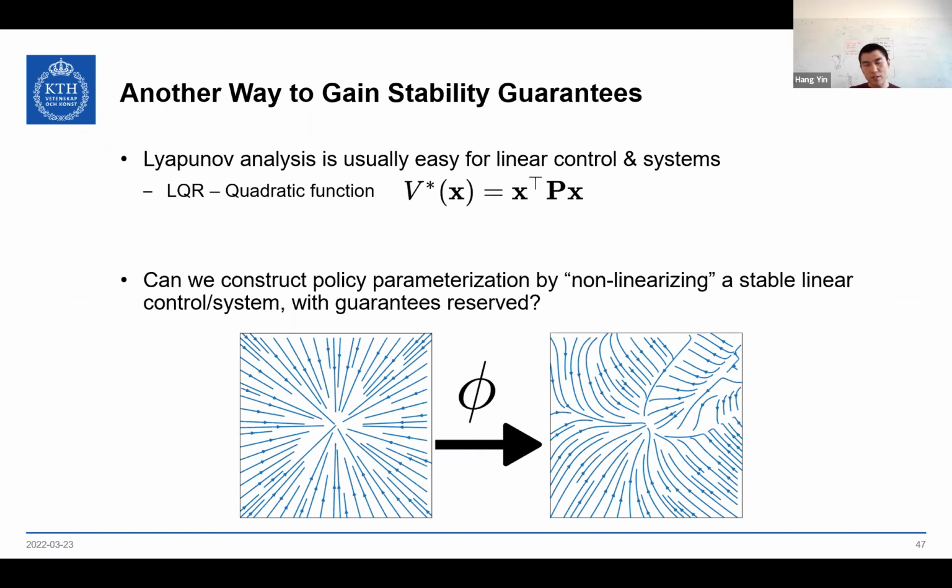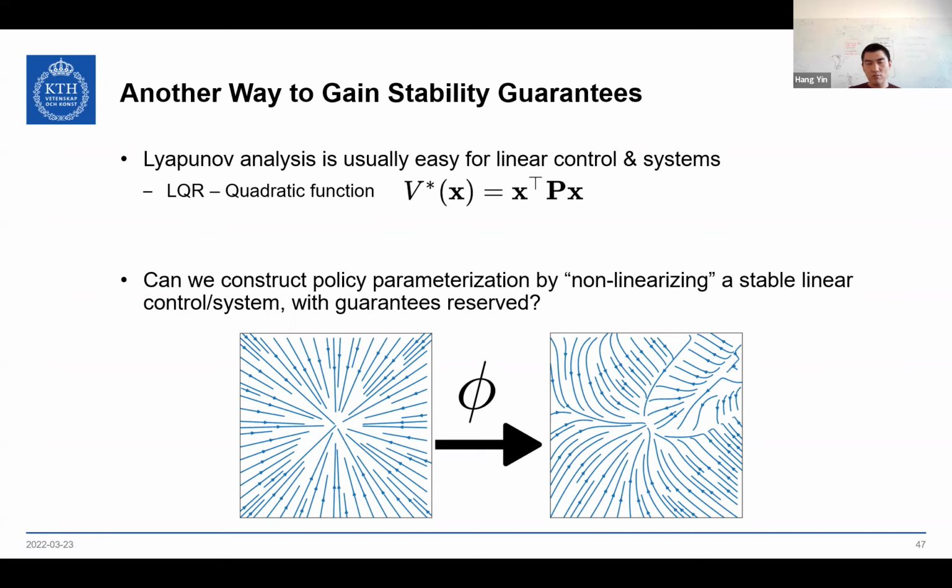So remember that we mentioned that for the LQR problem, this is basically your value function, and you can use that as a Lyapunov function to conclude about the stability of your systems. But unfortunately, applied to LQR, this means your system has to be linear, and your function should be quadratic.